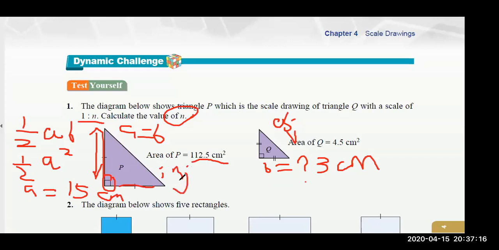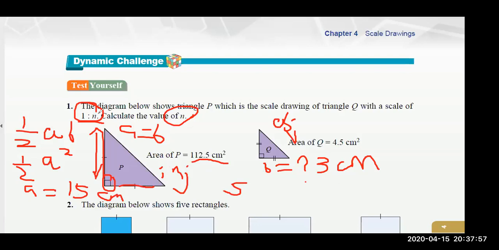So the ratio is 1 to n. So it means the image is bigger, right? This one is 15 cm, this one is 3, you divide them, then become what? 5, right? 15 divided by 3 is 5.